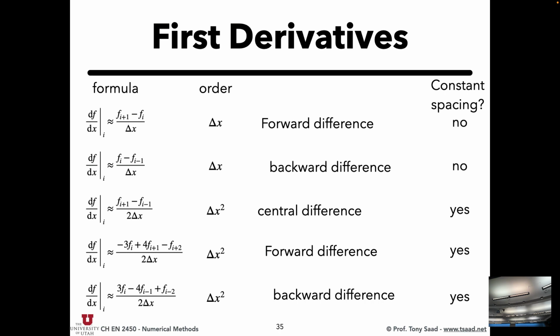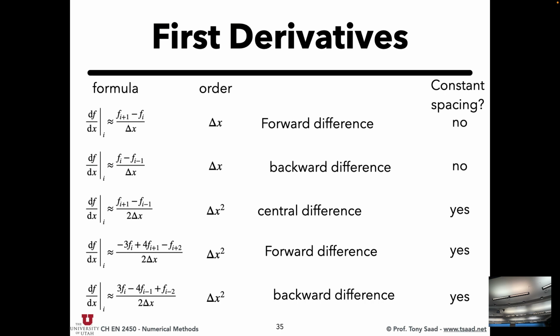The advantage of the first order forward and backward difference formulas is that you don't require constant spacing. But if you need higher order so that you can use central in the middle, with higher order forward and backward, then you need to get to these formulas. Look at this formula, for example. This is a second order forward difference approximation. It uses point i plus 1 and point i plus 2.